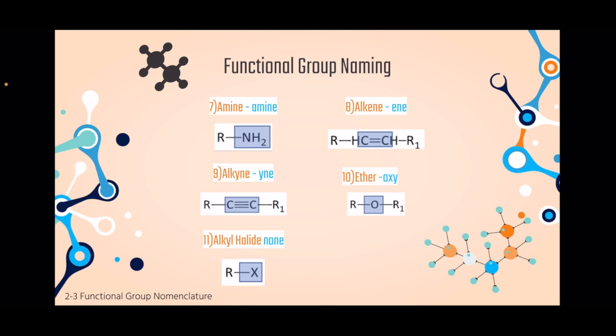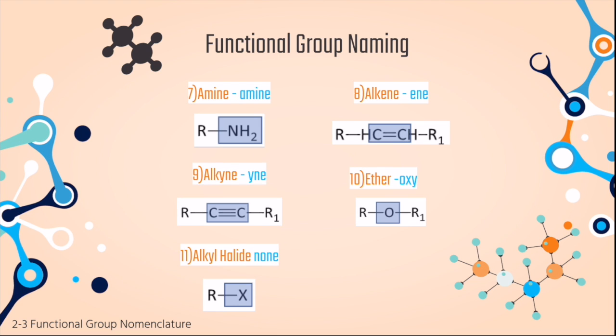For an ether, the suffix is -oxy, and it's a single bonded oxygen between any two R groups. The functional group with the lowest priority is alkyl halides. So they actually don't have any suffix, and they are any element from group 7 of the periodic table, which is the halogens. So it's just that element attached to any R group.